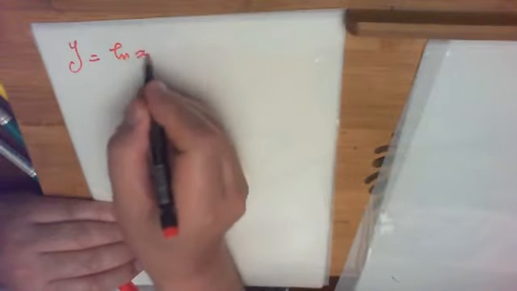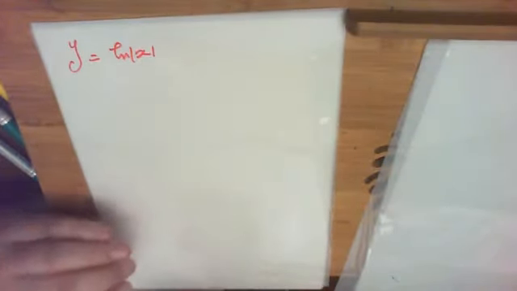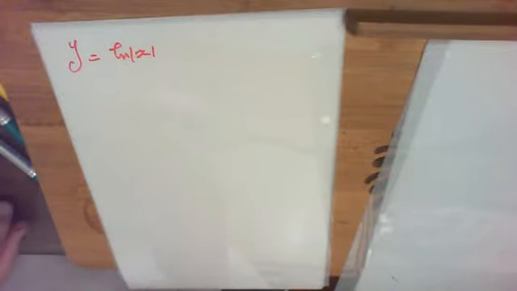Also, we want to discuss the graph of the curve y equals ln absolute value of x. As we know, the function ln x exists if and only if the argument x is positive.